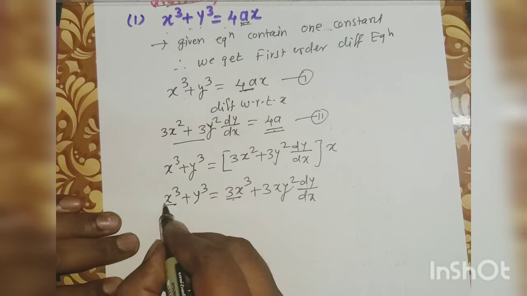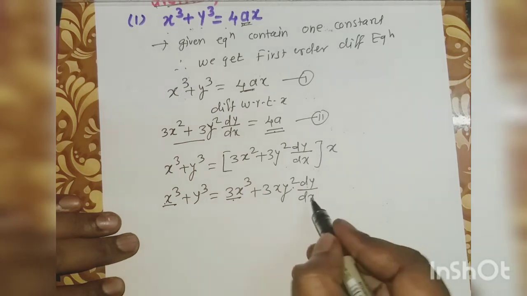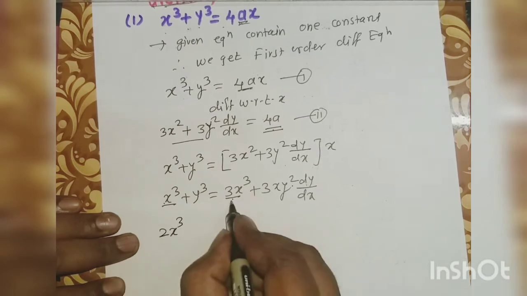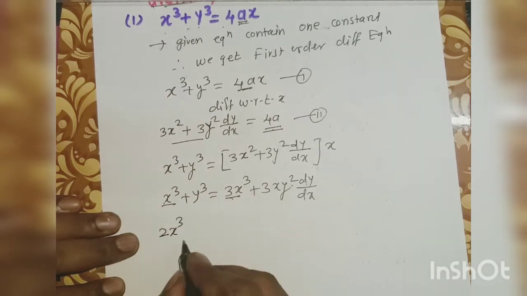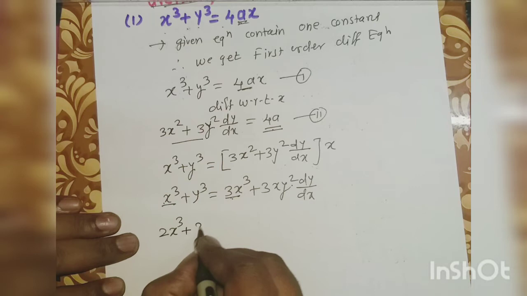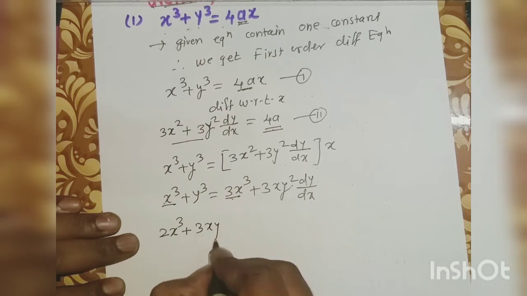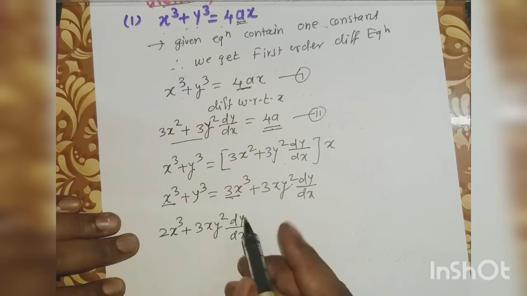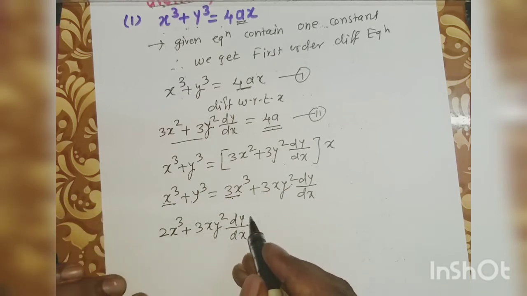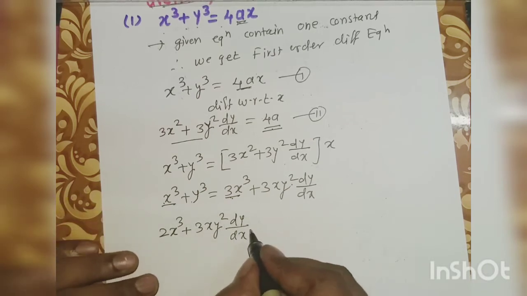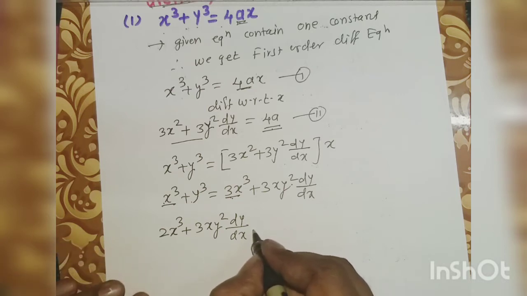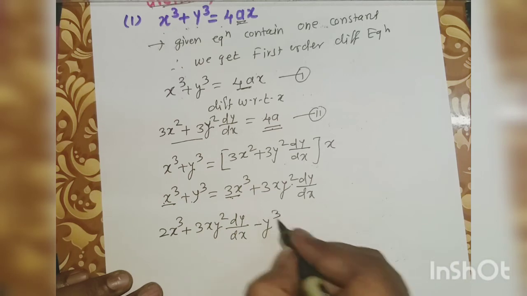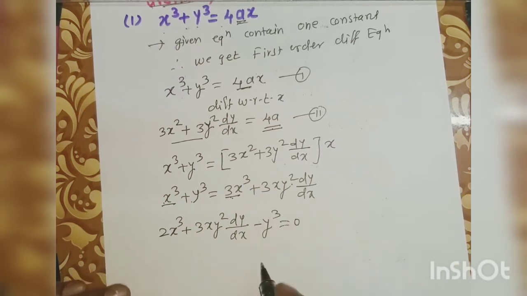If we take this x cube to the right hand side, then we get 3x cube minus x cube, that is 2x cube, plus 3xy square dy by dx, and y cube is negative, minus y cube, is equal to 0.